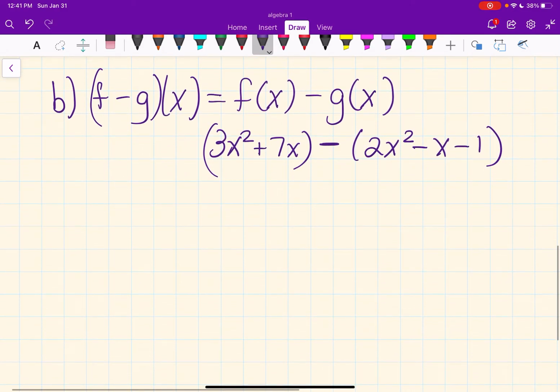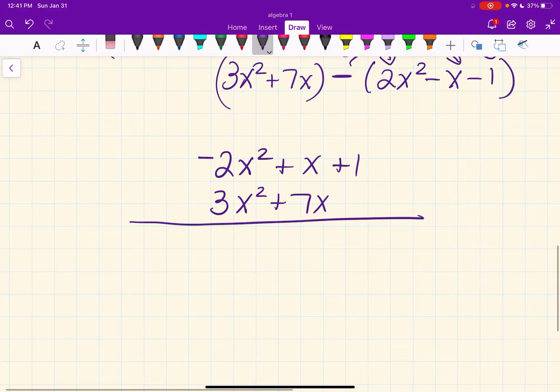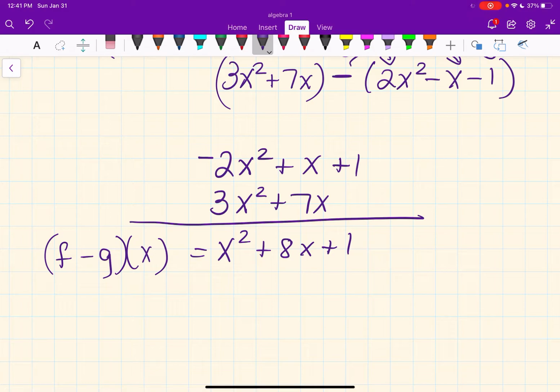I am going to distribute this and write it down. So negative 2x squared plus x plus 1. And then I'm going to stack the other one under that. You don't have to, it doesn't matter which order you do it in. So I've been doing it this way, just to save myself room. And so this will be x squared plus 8x plus 1. And so that's f minus g of x. So this should look pretty familiar to you.